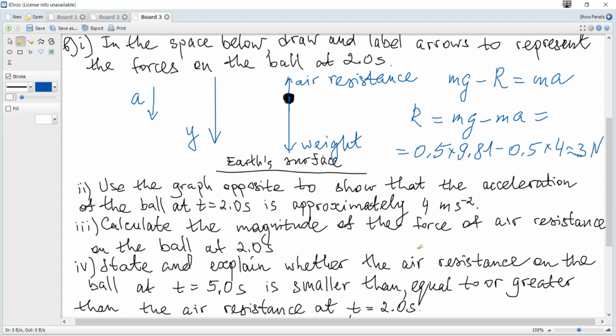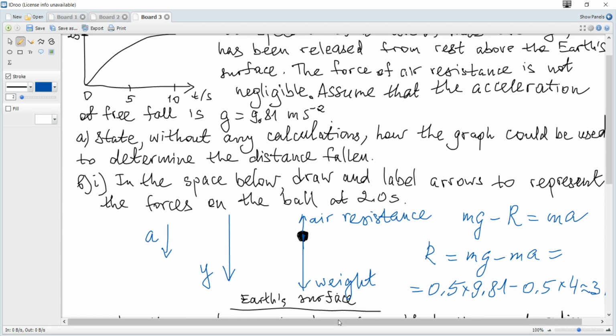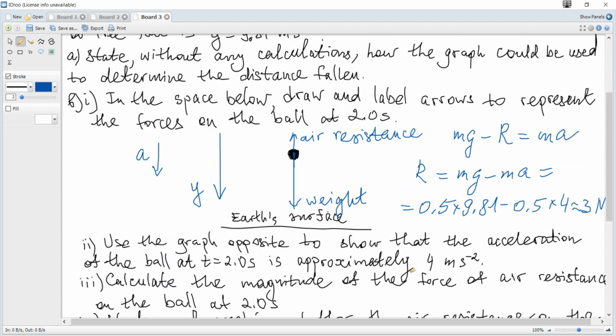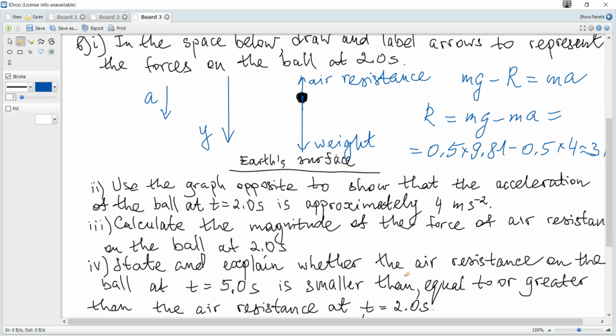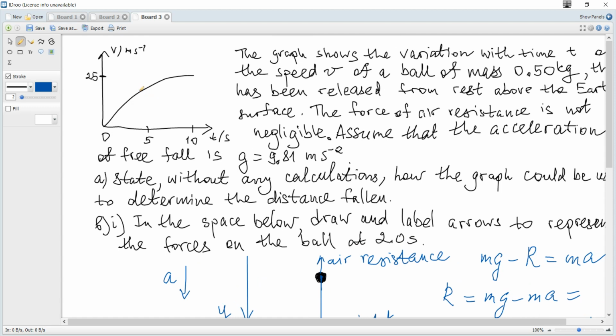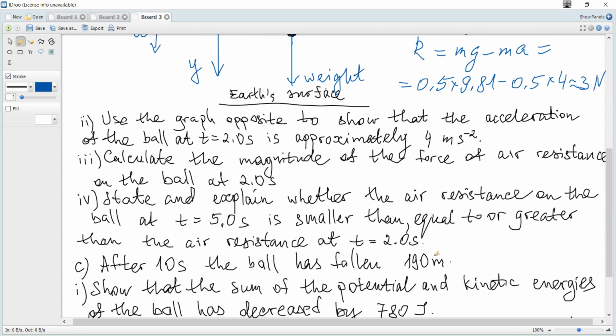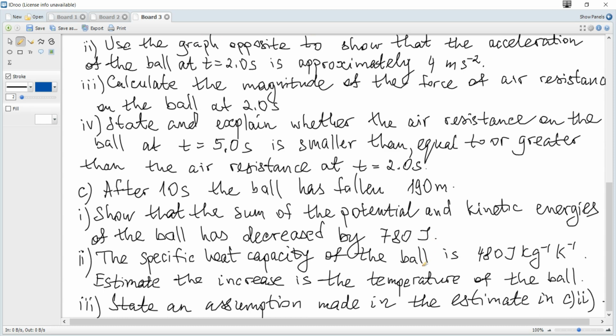So air resistance is greater. Or we know that air resistance increases when speed increases, and at 5 seconds speed is greater than speed at 2 seconds, hence air resistance is greater. Speed at 5 seconds is greater directly from the graph, or since the object is accelerating, definitely speed at 5 seconds is greater. And the next question.